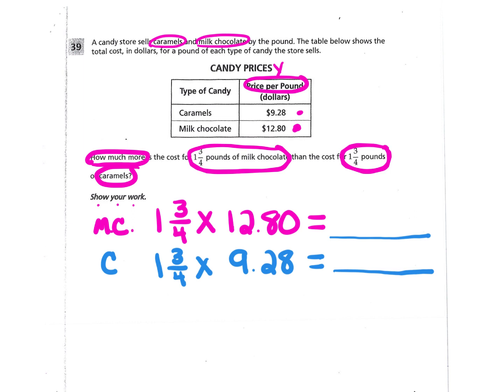Grab your calculator and punch in 1 3/4 times 12.80. You should have gotten $22.40 for the milk chocolate. Now for the caramels, punch in 1 3/4 times $9.28.